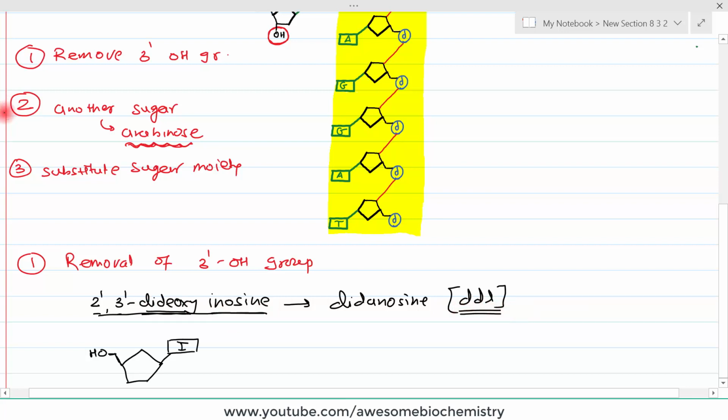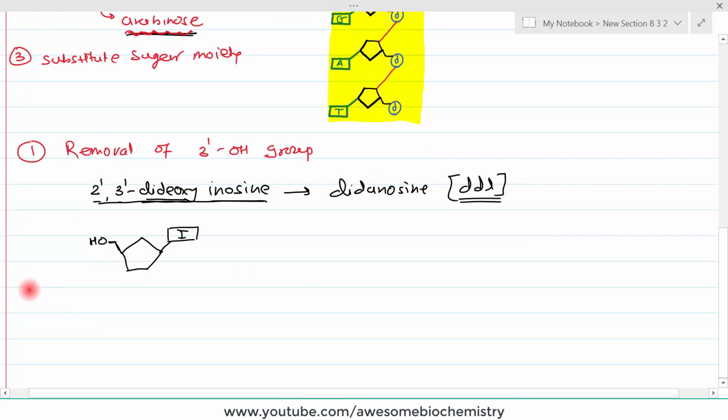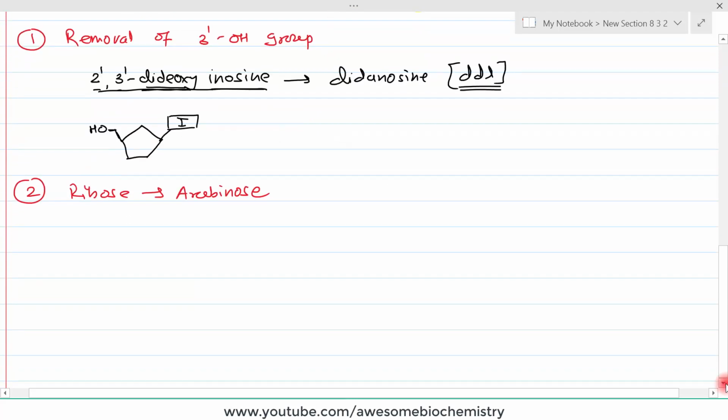Okay. Now about the second strategy, that you can use another sugar instead of this ribose, deoxyribose sugar, you can use arabinose. So by this second strategy, instead of ribose, you substitute with arabinose. So the structure of arabinose, this is also a pentose sugar. So it is a 5-membered ring. This is oxygen, of course.